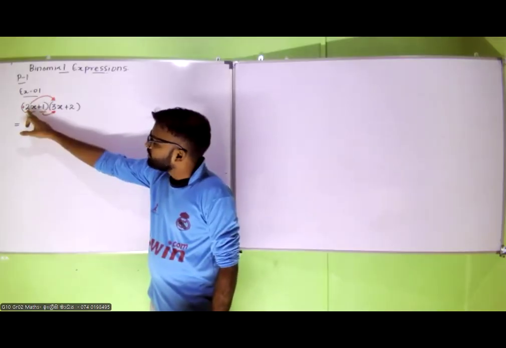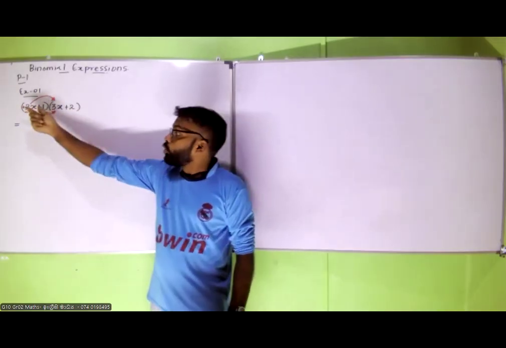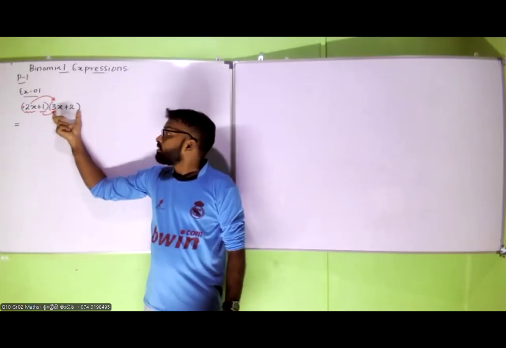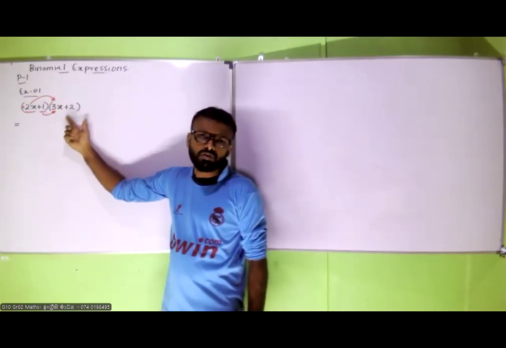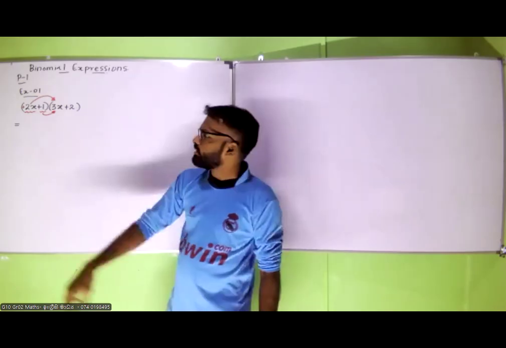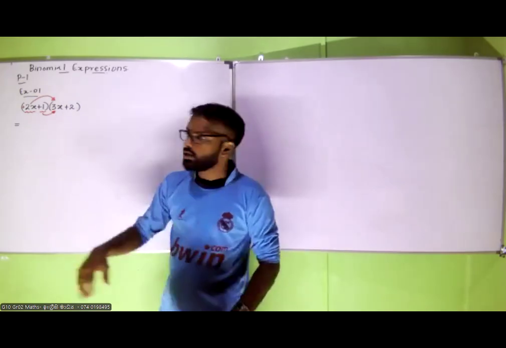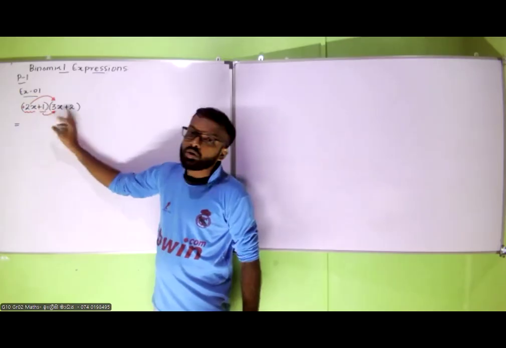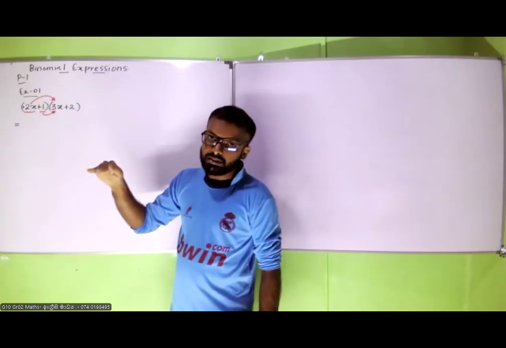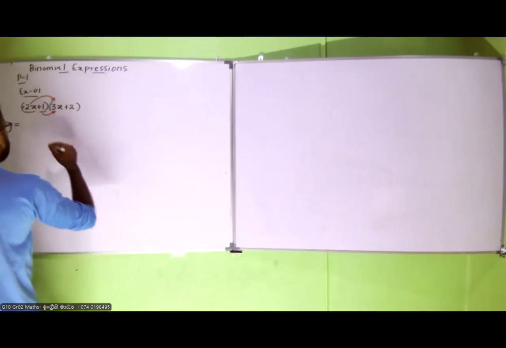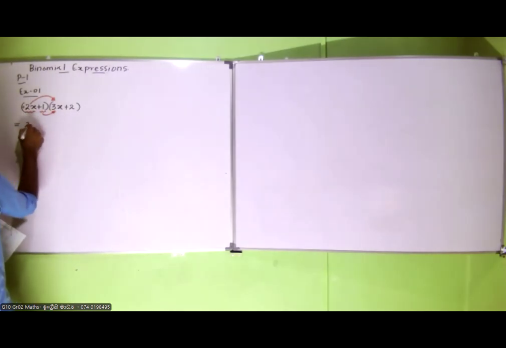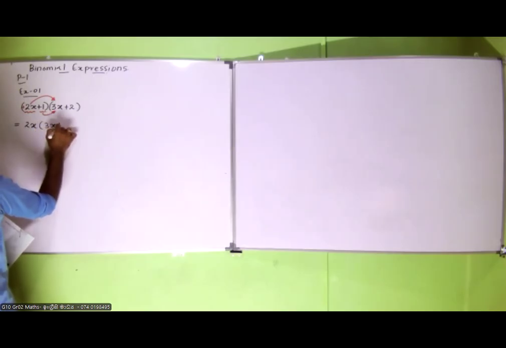So the first term is 2x. 2x into this, I will say this 3x plus 2 is like one single apple, 2x into apple. Then positive 1 into apple. That is the very basic step that you need to understand. 2x into apple, apple means 3x plus 2.